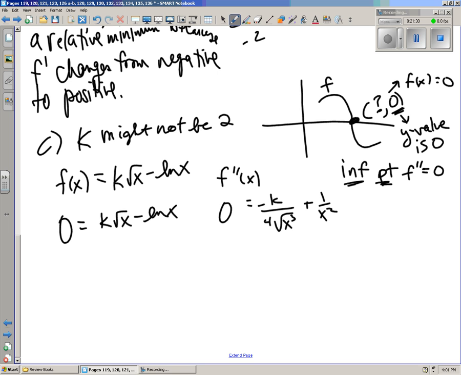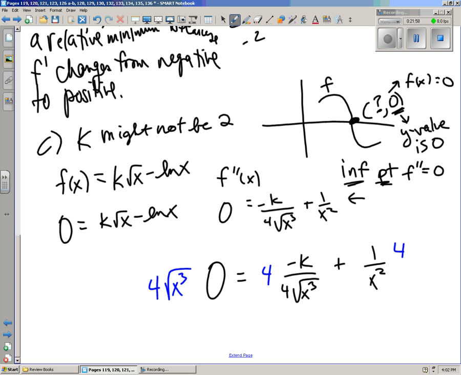So what's the best way to go about solving this? If you take a look, this equation has lots of denominators, which we could probably kill off. I'll multiply everything by the LCD, which would be 4 radical x cubed times x squared.